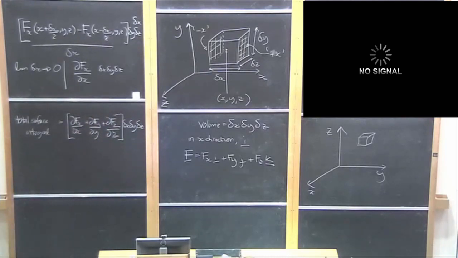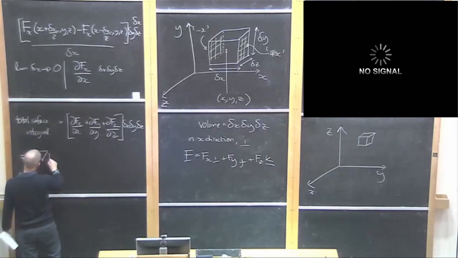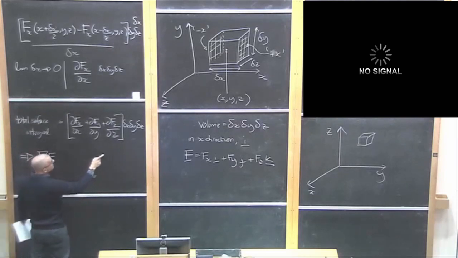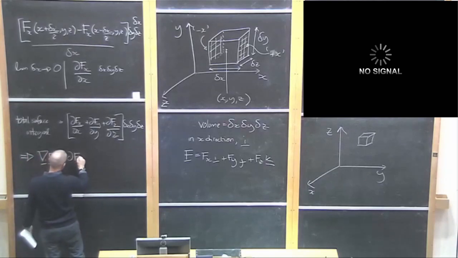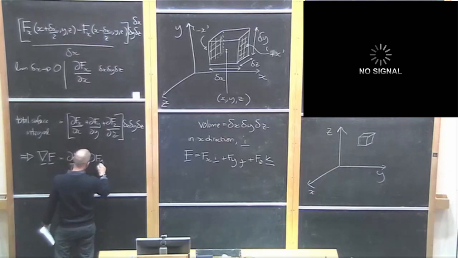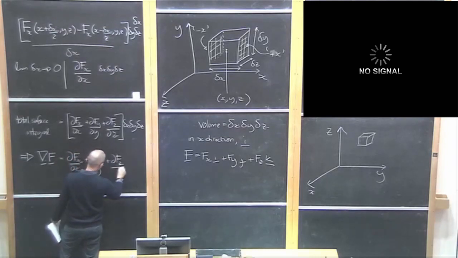And you'll recall that our definition of the divergence was the surface integral per unit volume. So we're dividing this out now, and therefore we end up with our expression that the divergence equals dfx by dx plus dfy by dy plus dfz by dz.